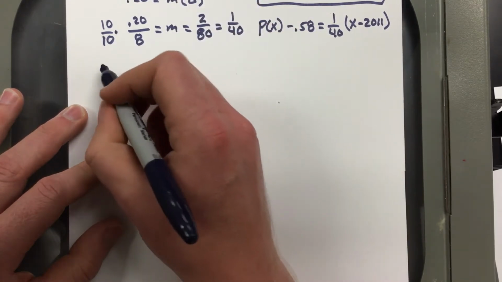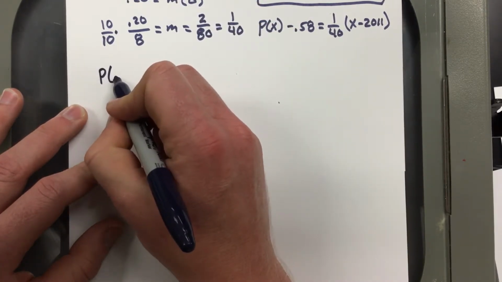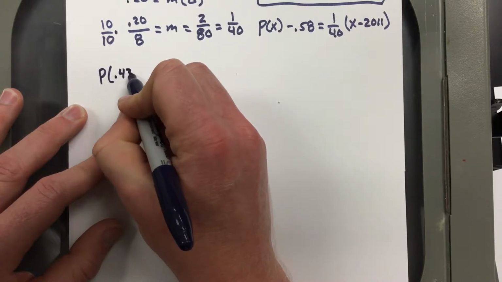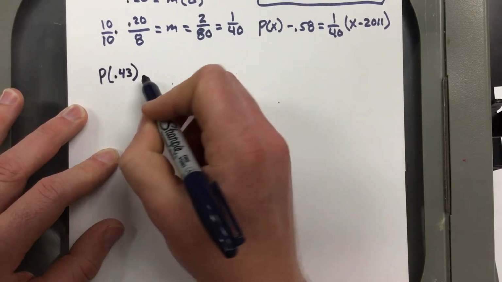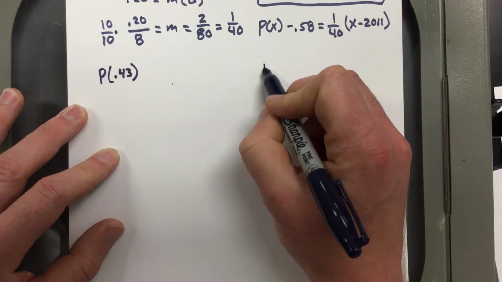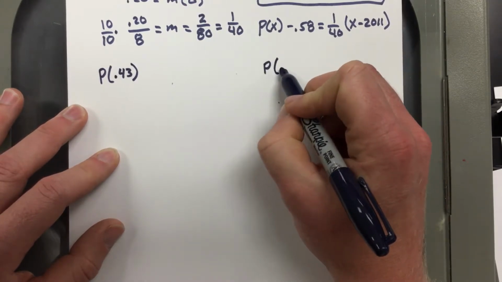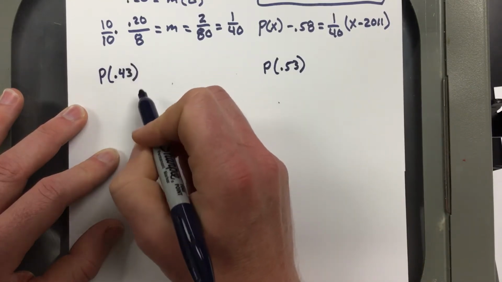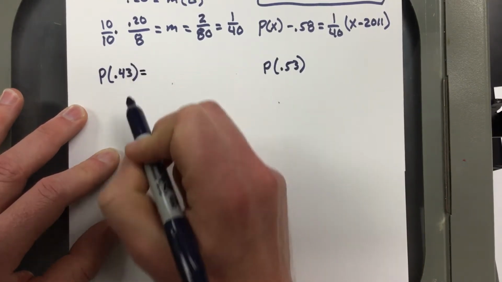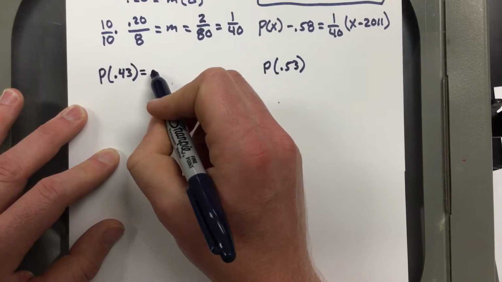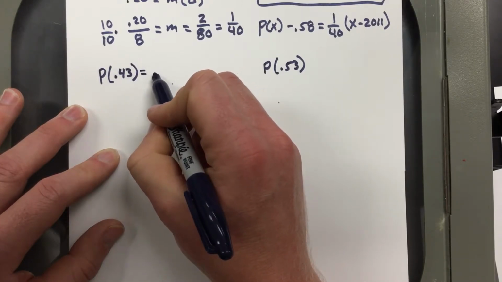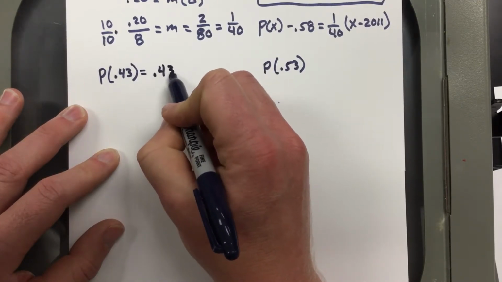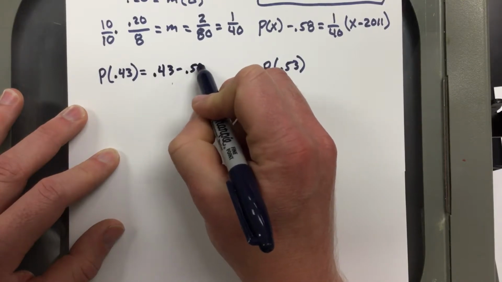So what I'm going to do is I'm going to say, all right, I want to check P of 0.43, and I also want to check P of 0.53. So if I do P of 0.43, that's going to equal 0.43 minus 0.58.